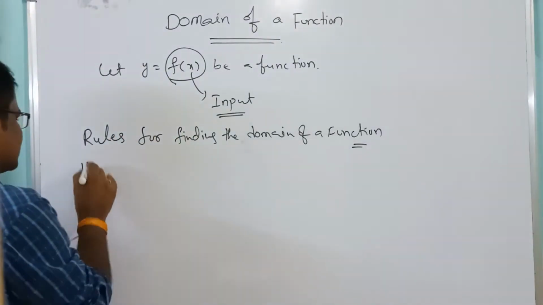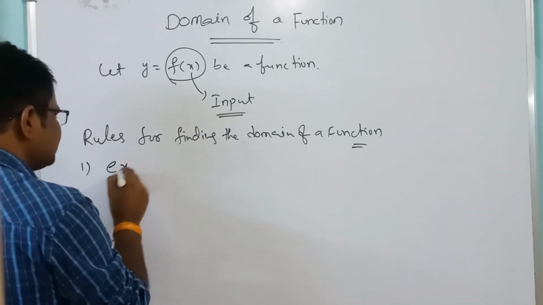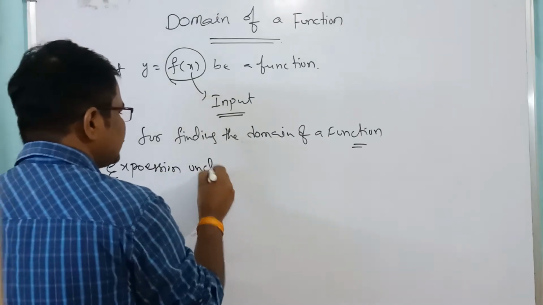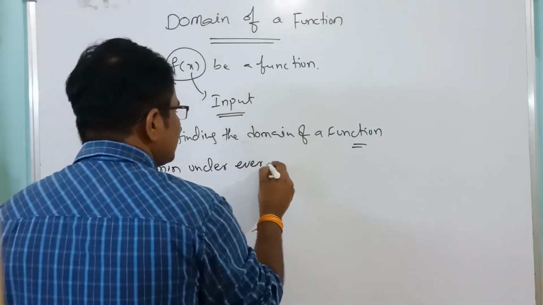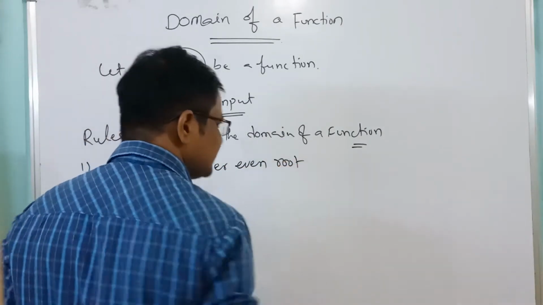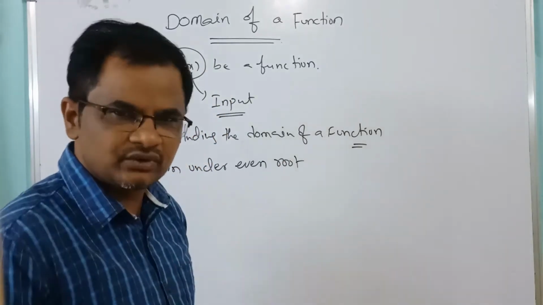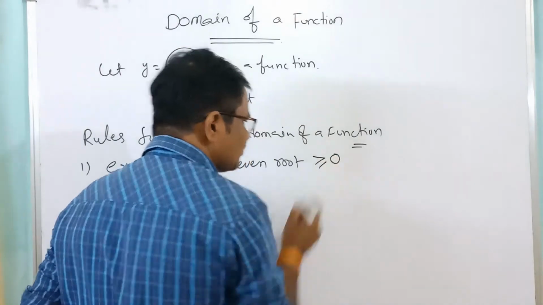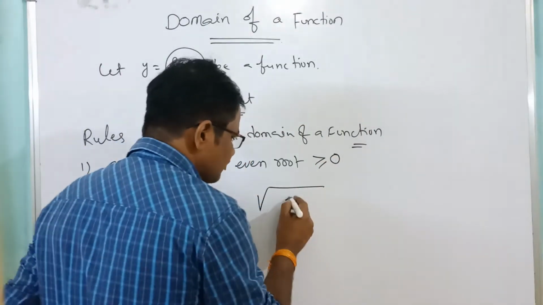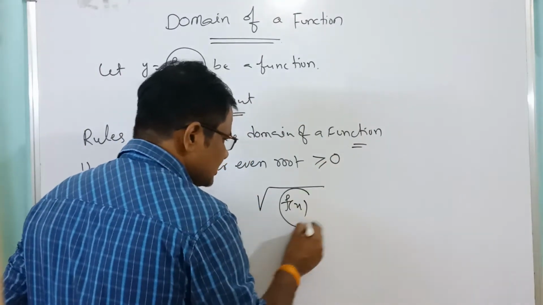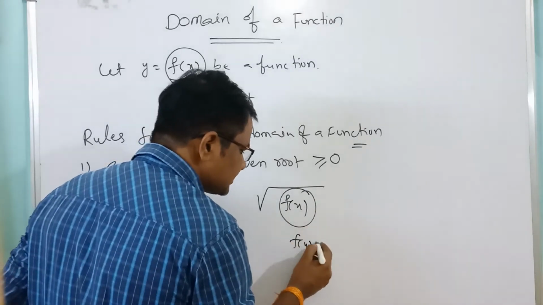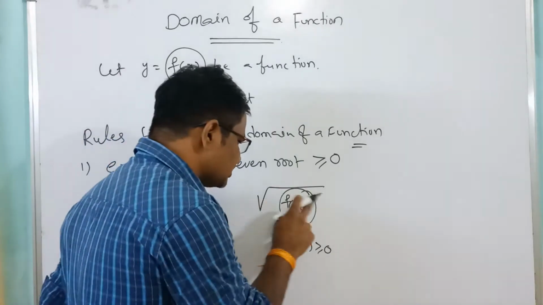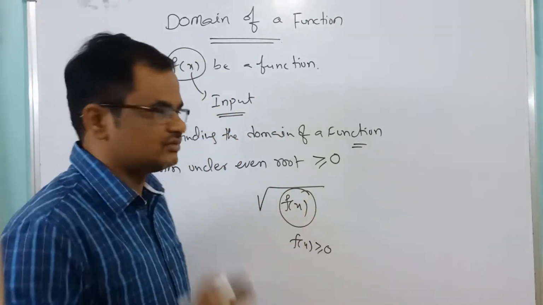The first one: the expression under an even root, like square root or fourth root, is always greater than or equal to 0. Under a root, negative values are not allowed.